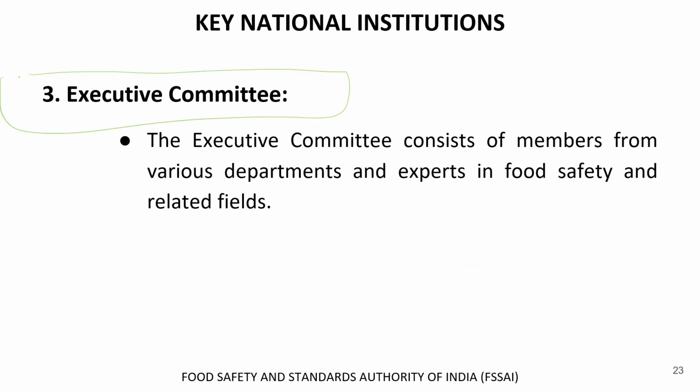Thereafter, we have the executive committee. The executive committee consists of members from various departments and experts in food safety and related fields. Basically, they come under the CEO. The EC comes under the CEO, and they all have the chairperson at their top. Now understand the flow.